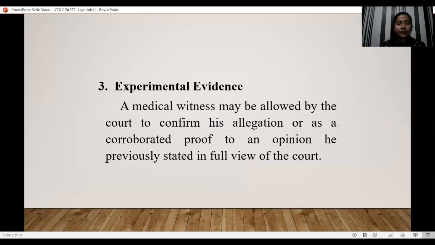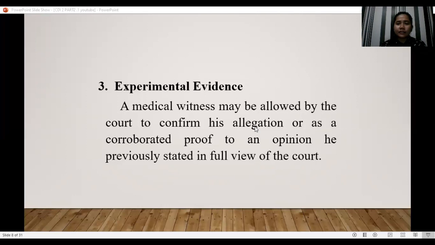The third one is the experimental evidence. A medical witness may be allowed by the court to confirm his allegation, or as corroborative proof to an opinion he previously stated, in full view of the court. For example, the issue of how long a person can survive after the administration of a small dose of poison can be shown by administering the said poison to experimental animals.